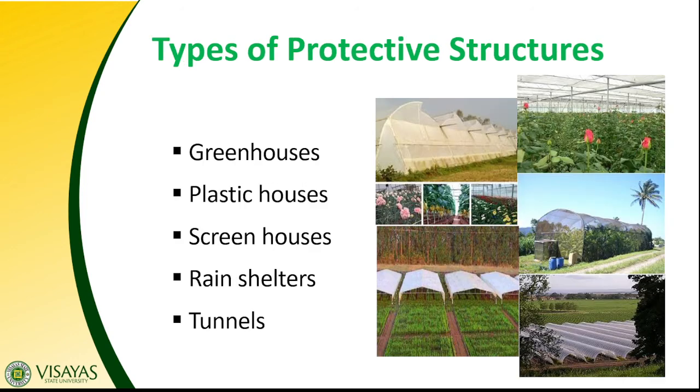There are several types of protective structures. We have the greenhouses, the plastic houses, screen houses, rain shelters, and tunnels. So we have here the sites, the different protective structures. Here in the picture, we have the rain shelter, something like this, and also we have these tunnels.